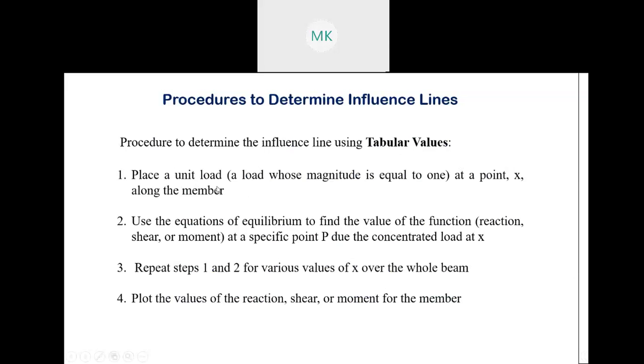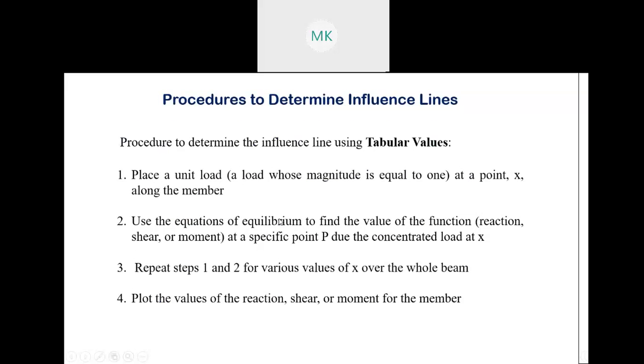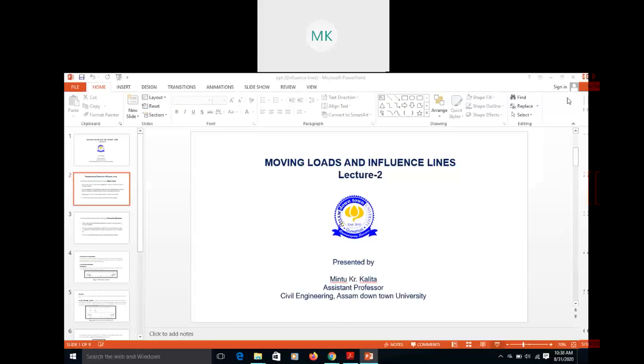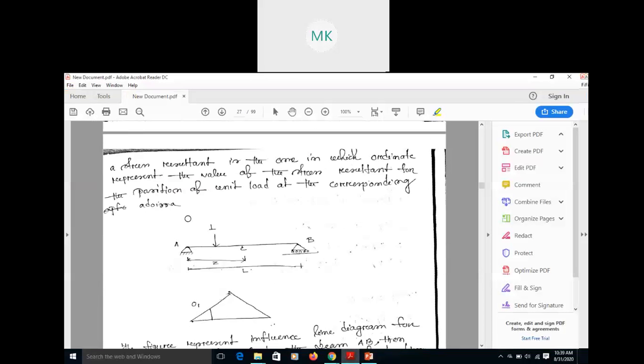So here you see, first place a unit load, a load whose magnitude is equal to 1, at a point x along the member. So what it is saying is, if you consider, say, a beam, along that beam, let me show you this. See here, this beam.